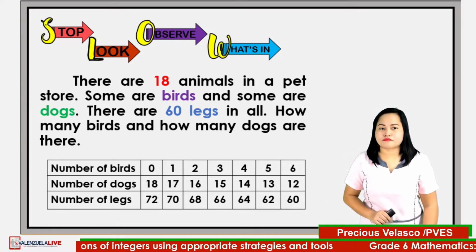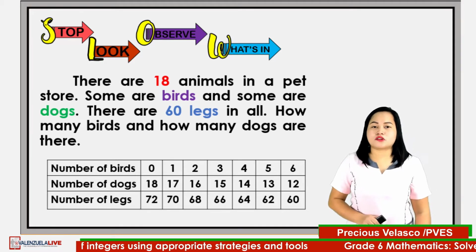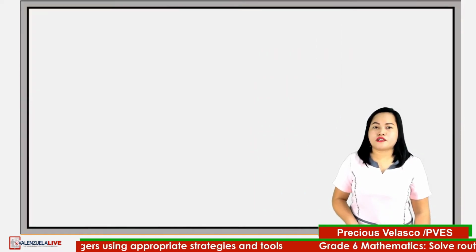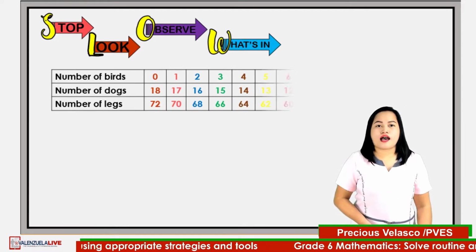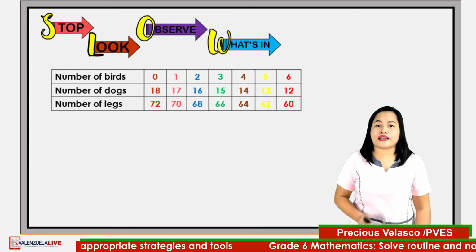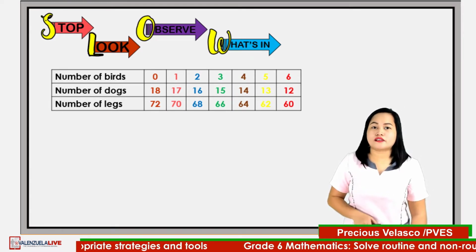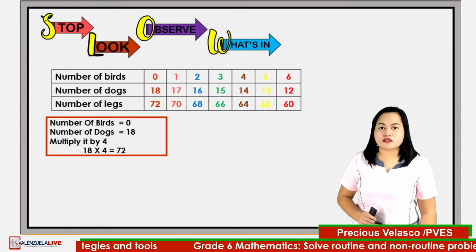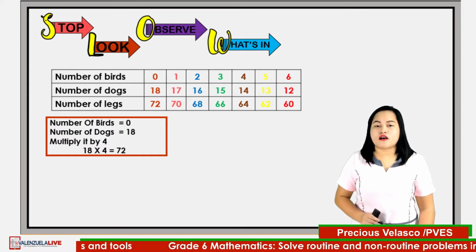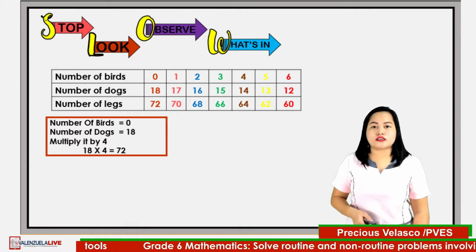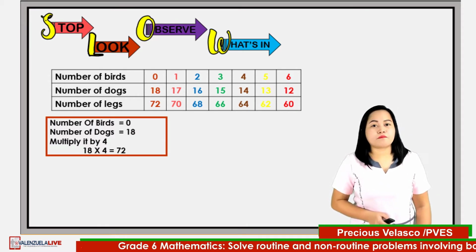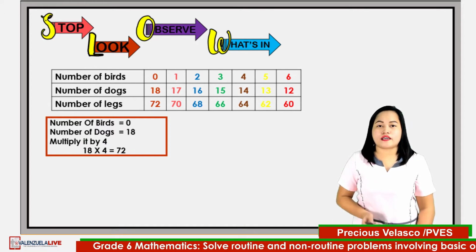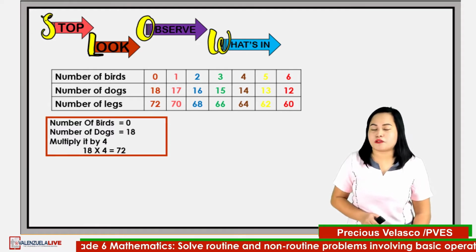So for my solution, for the first one, I assume that there are 18 dogs and 0 birds. And then, since each dog has 4 legs, I multiply it by 18. That's why I get the number of legs, which is 72.